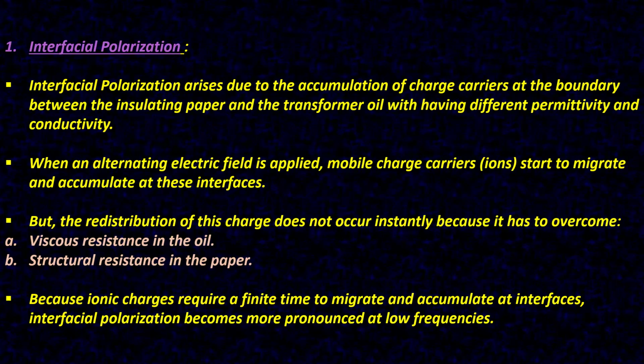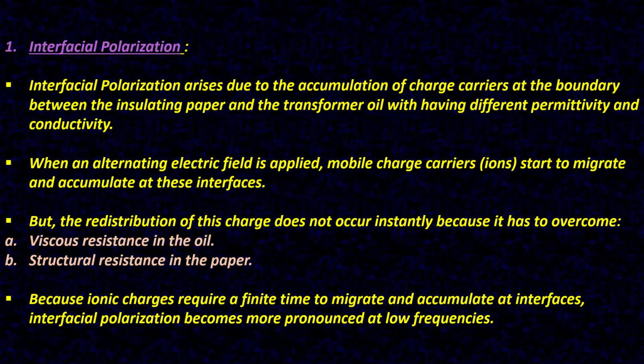Now, interfacial polarization. Interfacial polarization arises due to the accumulation of charge carriers at the boundary between the insulating paper and the transformer oil, having different permittivity and conductivity.